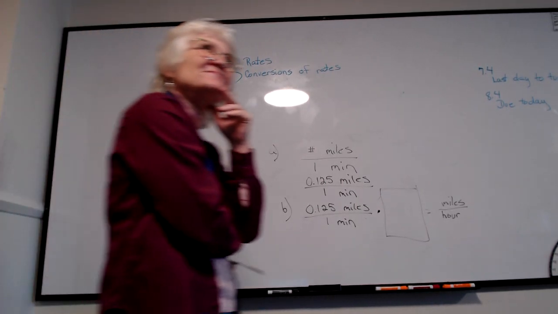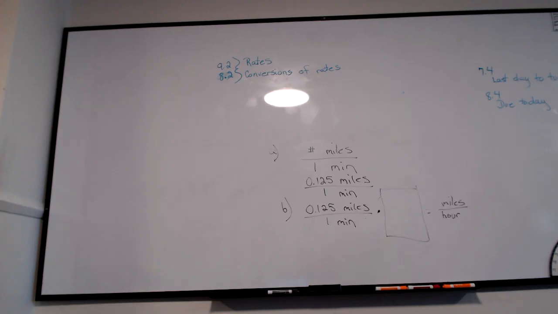So would this be the conversion rate? 60 minutes to 1 minute? Right, so what happens, what goes away there? The per hour. The minute cancels with the seconds. What's on the bottom?